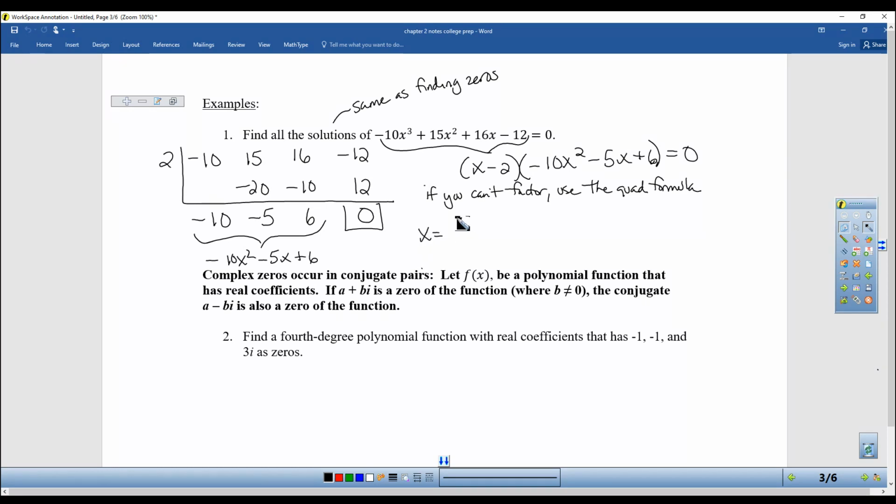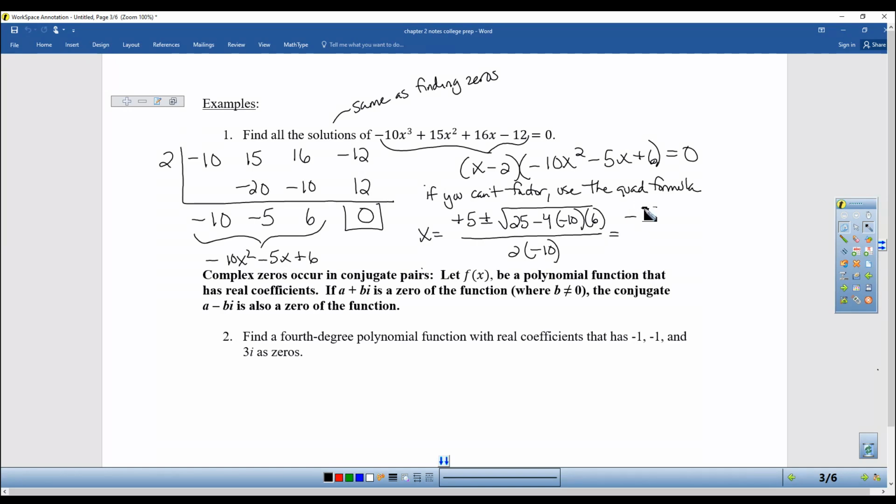So x is equal to the opposite of b plus or minus the square root of b squared minus 4ac, all over 2 times a.